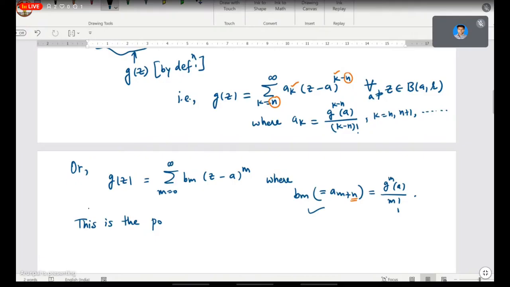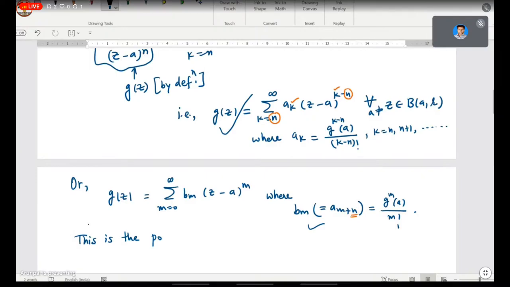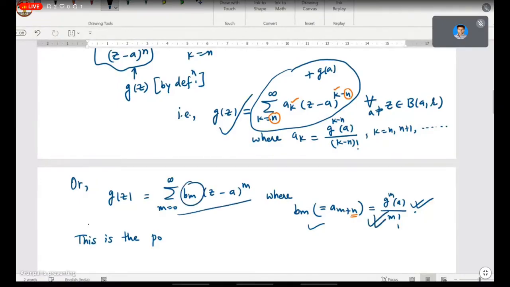This is a power series, but here z equal to a is not allowed, so I have simply added the value of g(z) corresponding to a. The coefficients should be of this type, so to write the final representation exactly in the form of a power series, I have done reindexing. Is this okay, class?